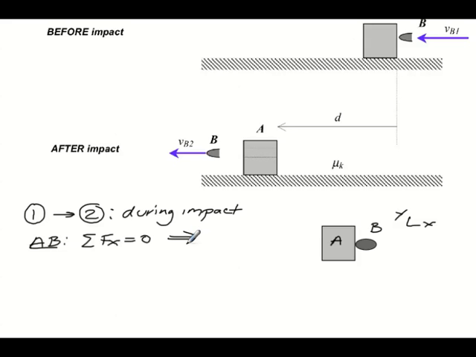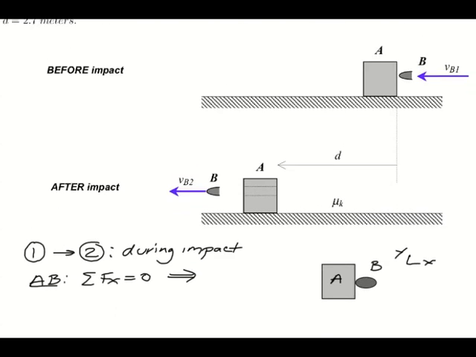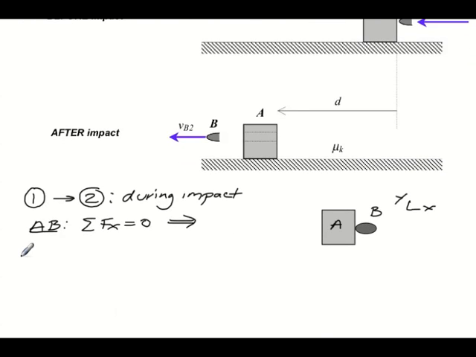The notation I'm going to use here is MA and MB for the masses. So MA VA1 plus MB VB1 is equal to MA VA2 plus MB VB2. A is initially at rest.